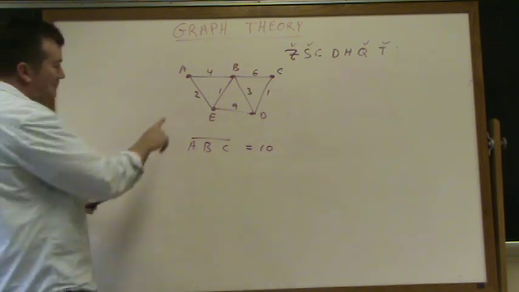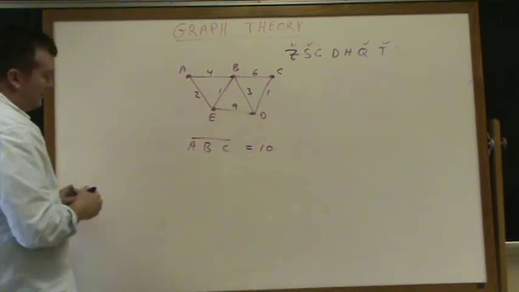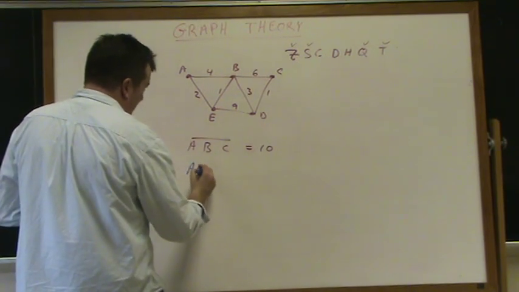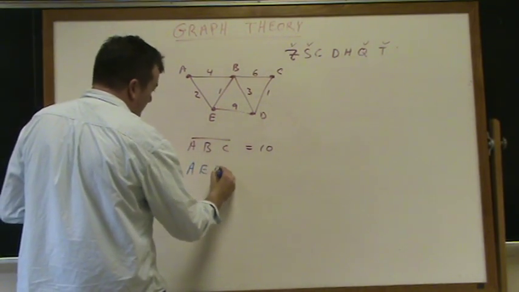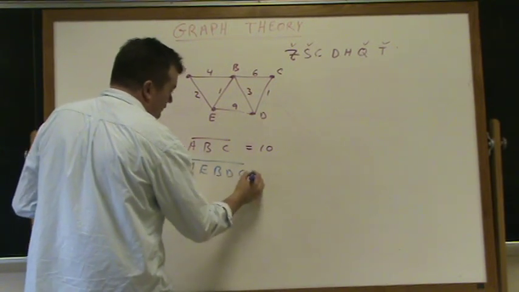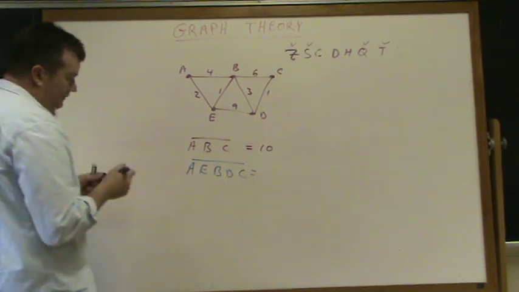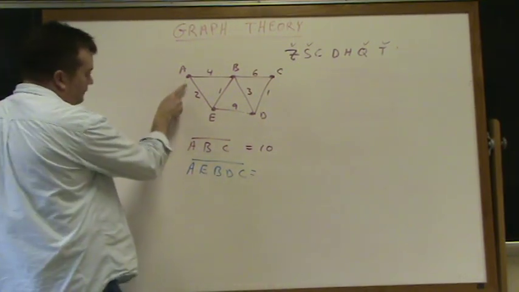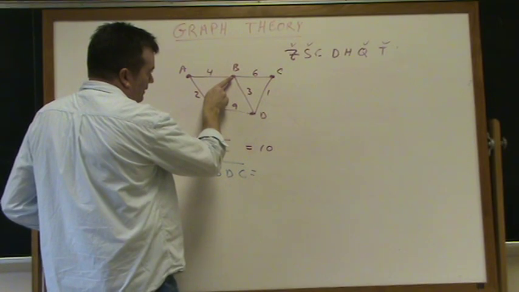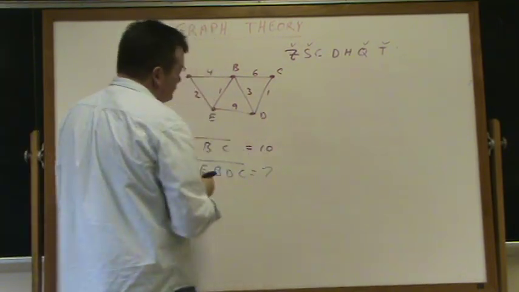Think of these as miles between the roads that connect these cities together. A, E, B, D, C. So A to E, E to B, B to D, D to C. Even though it took 4 edges, the total path length is now 2 plus 1 is 3, 6, 7. And that ends up being the shortest path.